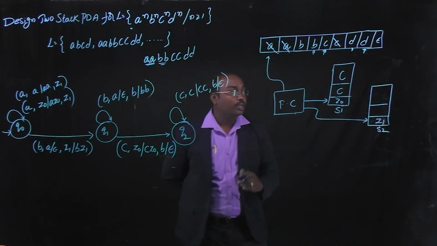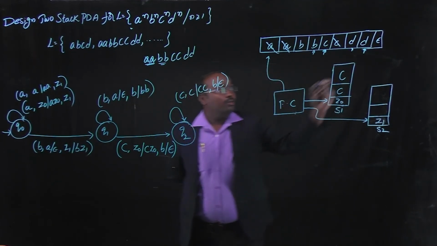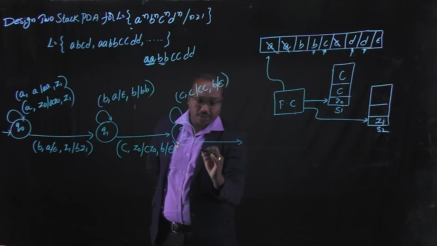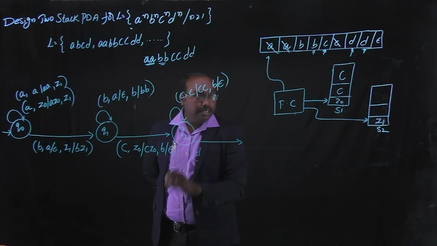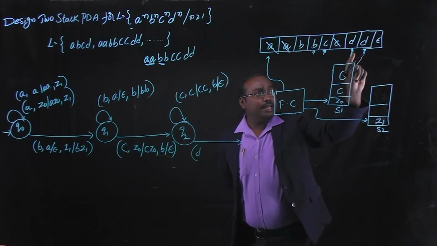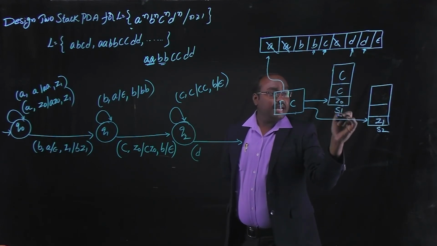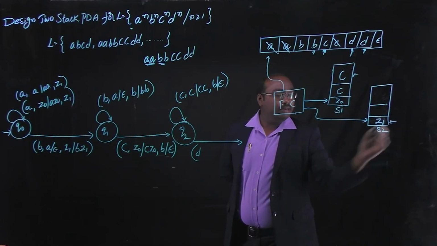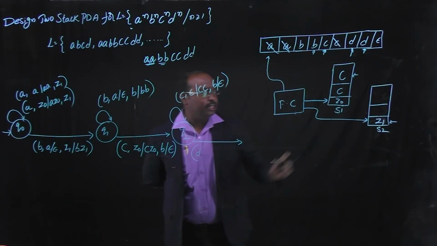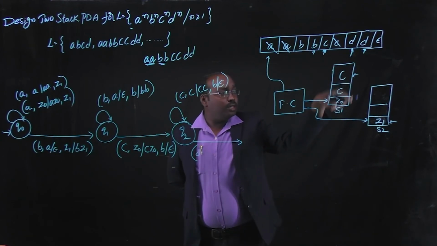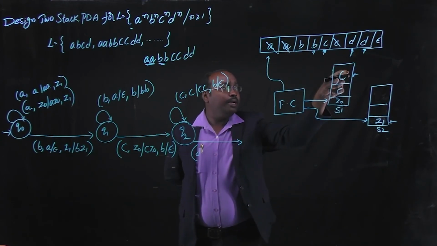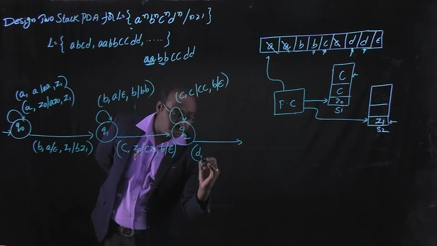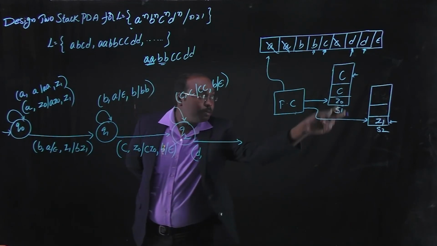So Z1. Okay, now the input symbol is D. The input symbol is D, the top of stack 1 is C, and the top element of stack 2 is Z1. In this situation, we pop the top element of stack 1 and leave the second stack. So the input symbol is D, and the top element of stack 1 is removed.